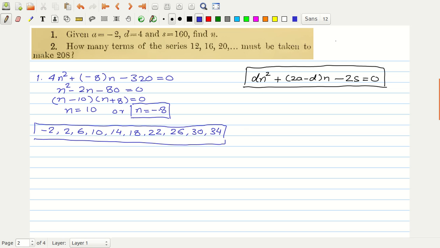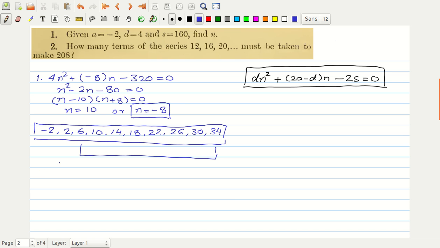N is equal to minus 8 means that you should start at 34 and go back 8 terms. So 1, 2, 3, 4, 5, 6, 7, 8. If you add these 8 terms, then also the sum is equal to 160. So n is equal to 10 means you start from the left end and add up to 10 terms. N is equal to minus 8 means that you start at the right end and go back 8 terms.